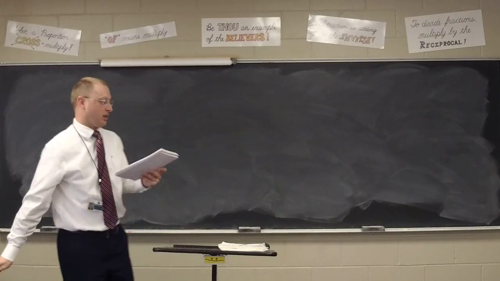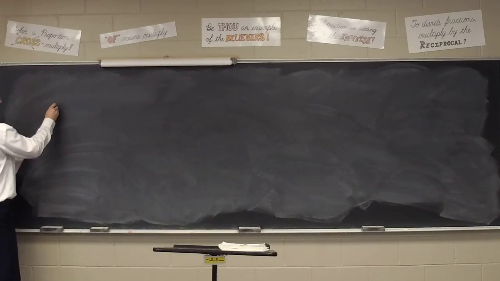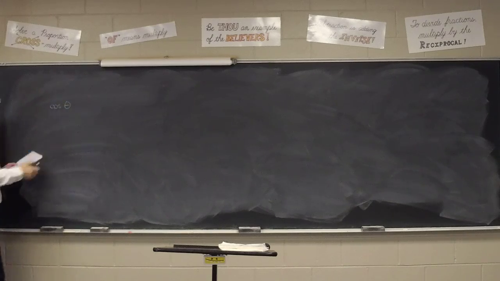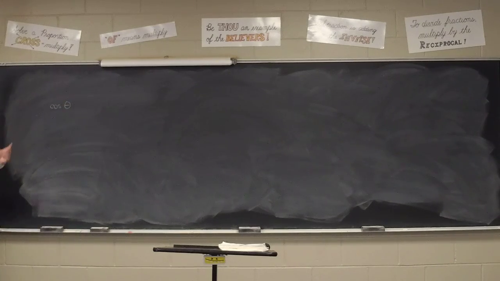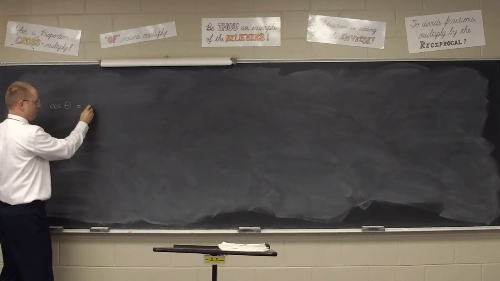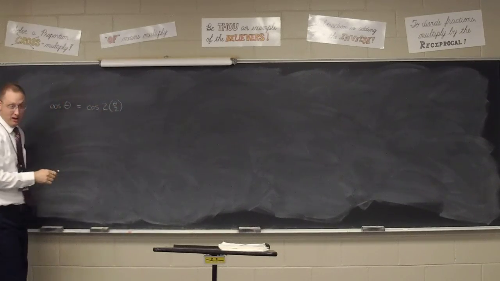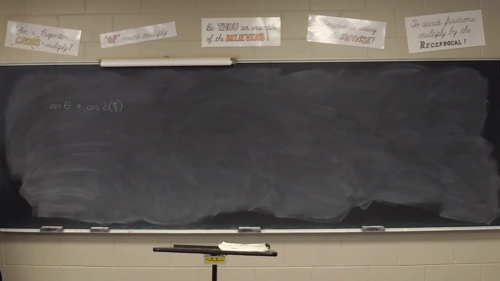All right, so half angle identities. Next thing in your notes, half angle identities. I want you to consider this for just a moment. Imagine if I took the cosine of theta, which is just nice and easy. A plain old easy theta could be rewritten as twice a half theta, and that would still be the same thing, right?